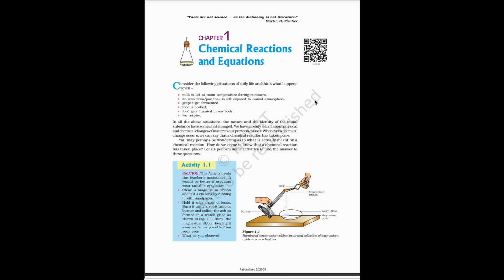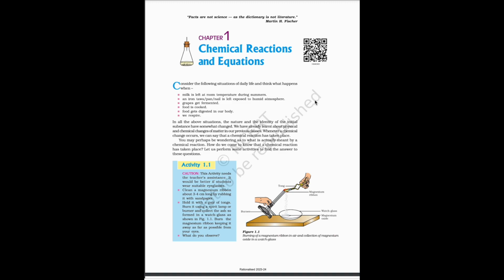In all the above situations, the nature and the identity of the initial substance have somewhat changed. We have already learnt about physical and chemical changes of matter in our previous classes.